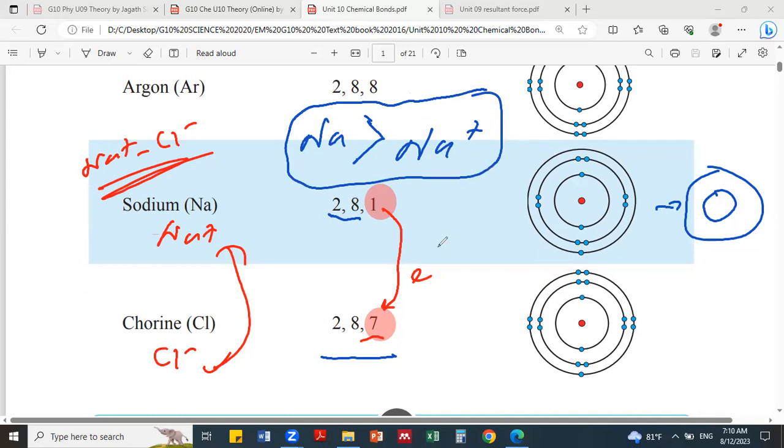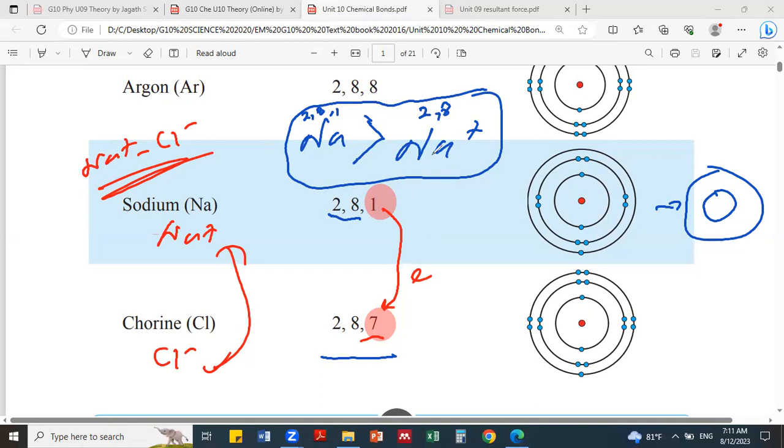Because Na plus has 2, 8 configuration, and Na has 2, 8, 1. So which one has more energy levels? Sodium atom. Na plus has only 2 energy levels, because the outermost electron is lost.